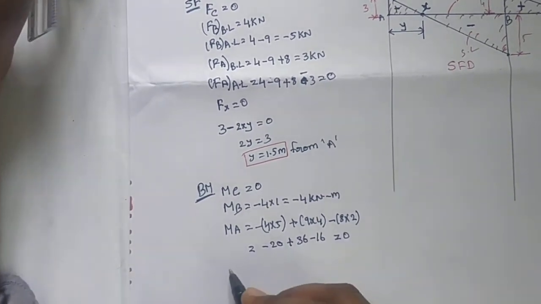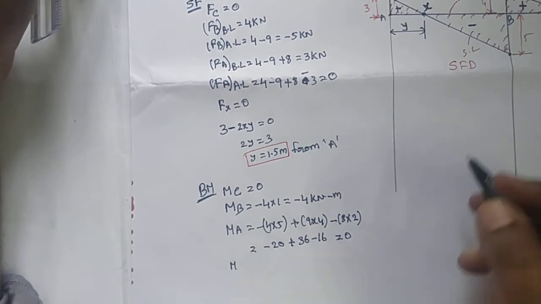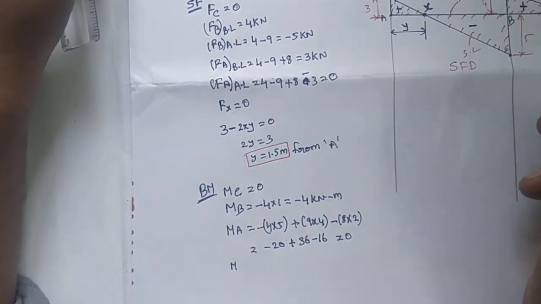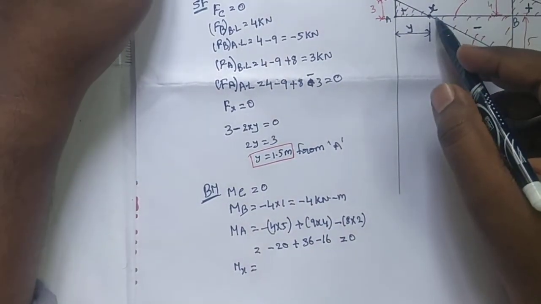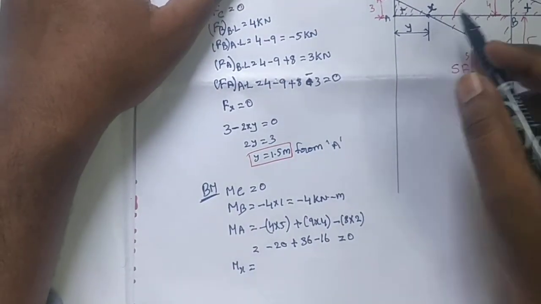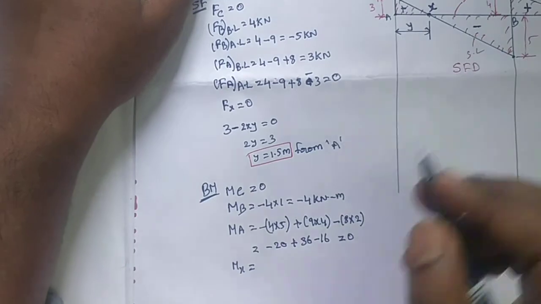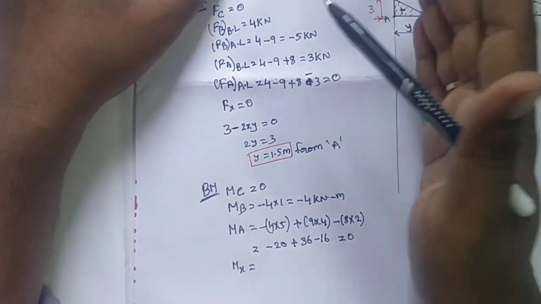Next, we need to calculate the bending moment at the maximum, that is the bending moment at point X. The bending moment at point X, I am calculating from the left side. Here the left side has the opposite sign convention to the right side.